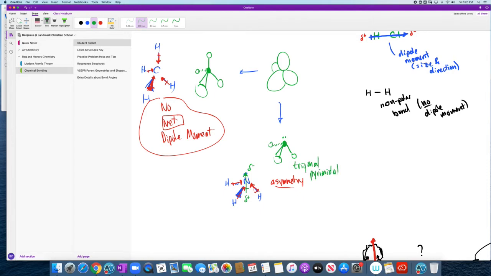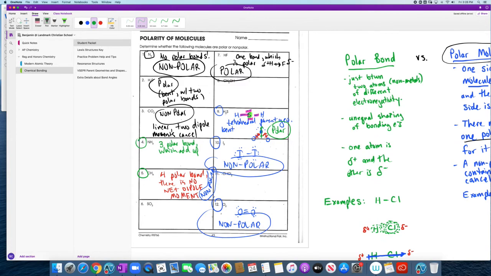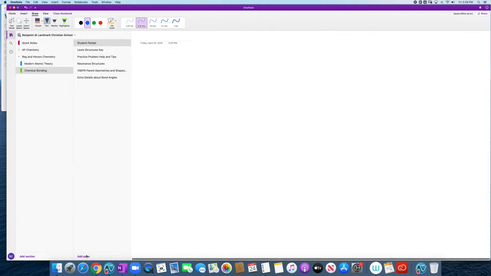You don't have that bonding atom up top like we did in methane. And because of that, those 3 dipole moments add up. So what's the molecule? Polar.